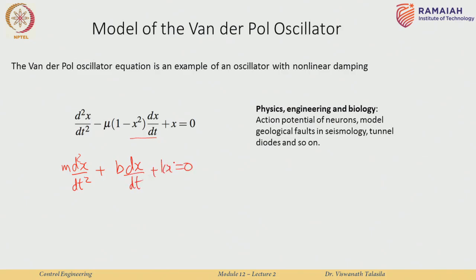So this would be the example of a mass spring damper. In this particular case we have just assumed m equal to 1, k equal to 1, and this damping term is of a specific kind, it is of this type.